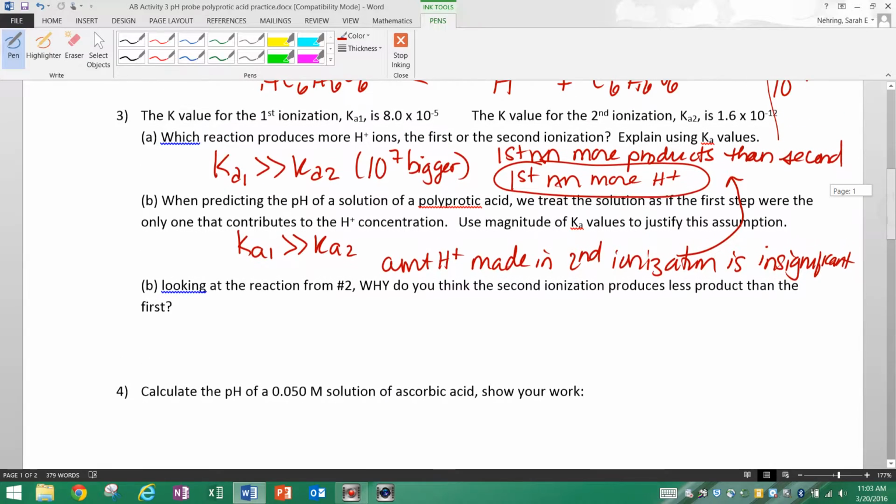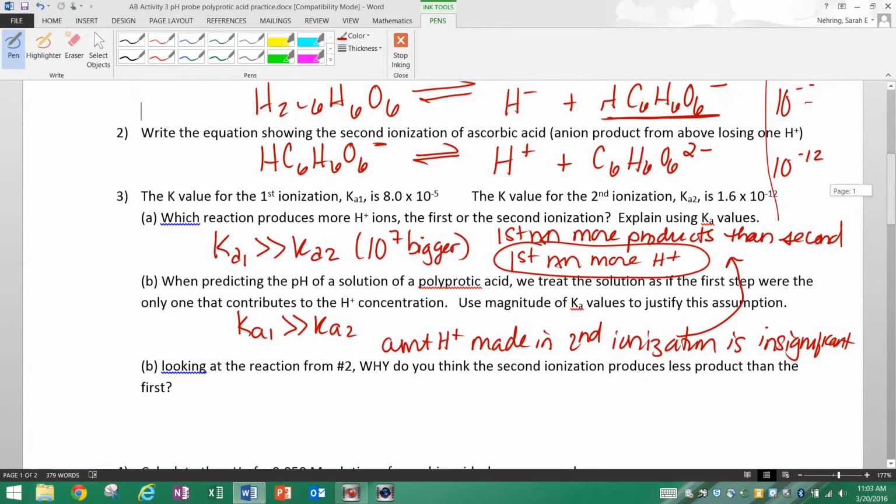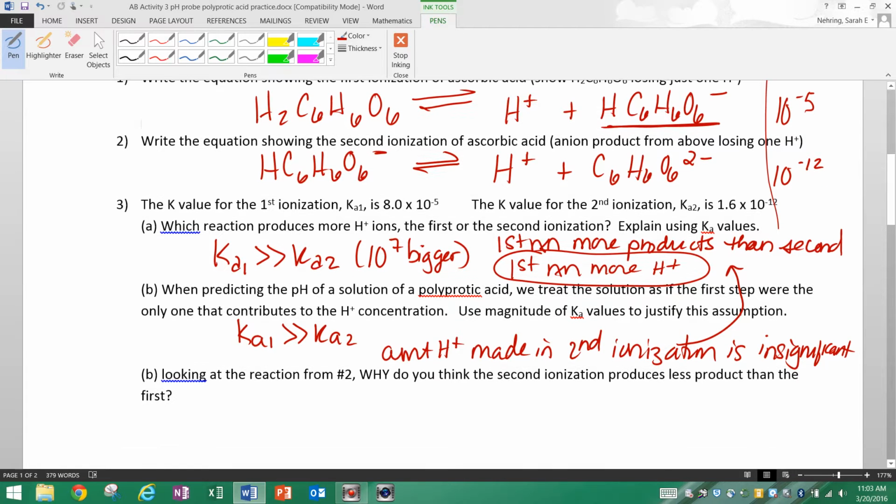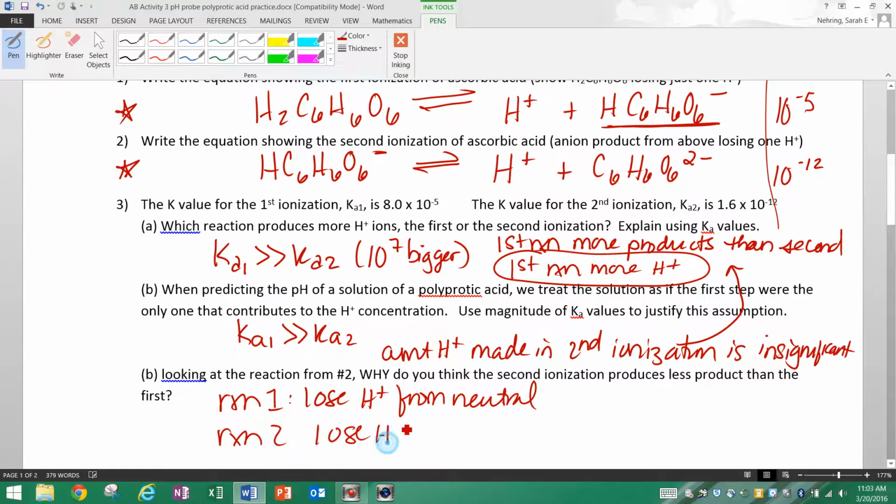And looking at the reaction, why do you think this is? Just thinking about chemical bonding and prior knowledge, why do you think reaction 2 is less favorable than reaction 1? Well, in reaction 1, you are losing a hydrogen from a neutral compound. And what's happening in reaction 2? Well, you are losing a hydrogen from a negative ion.